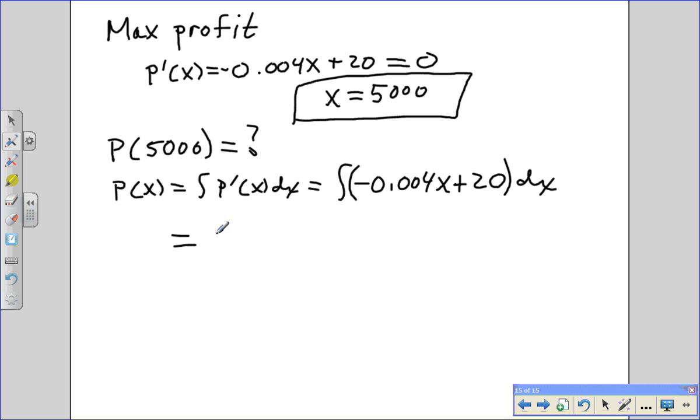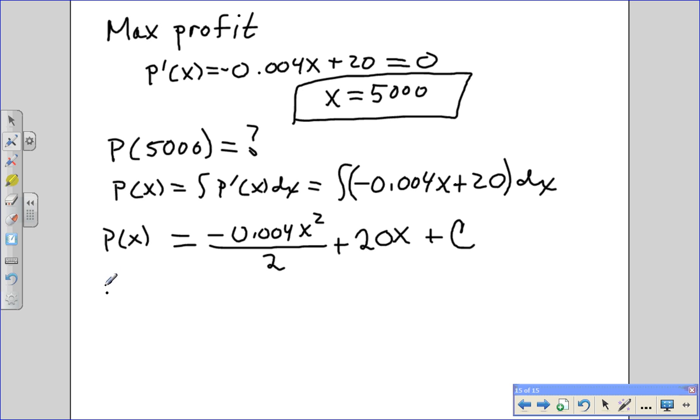And if you integrate that, you get negative 0.004x squared, add 1 to the exponent, and then divide by 2. And the integral of 20 is 20x. And don't forget your plus c.